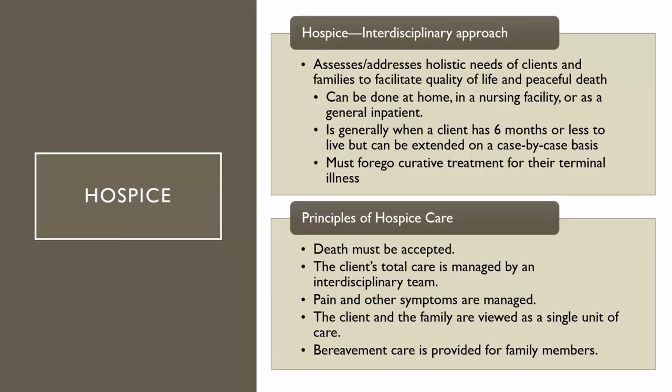You still make sure that they're getting trach cares and ventilator cares and all of that stuff. But the goal is to provide care that is not going to prolong their life, because they don't want any more curative treatment. You are there to help treat the family. So family is part of your patient load.